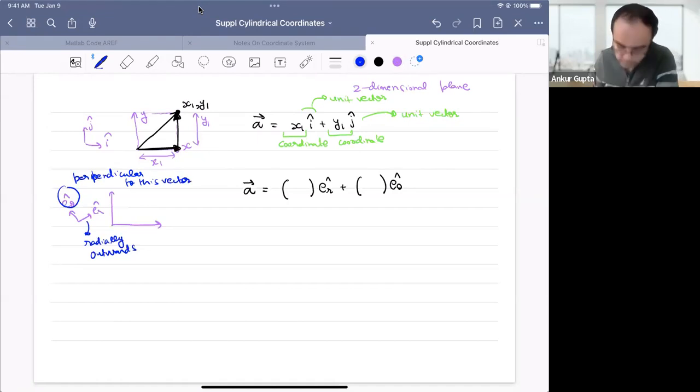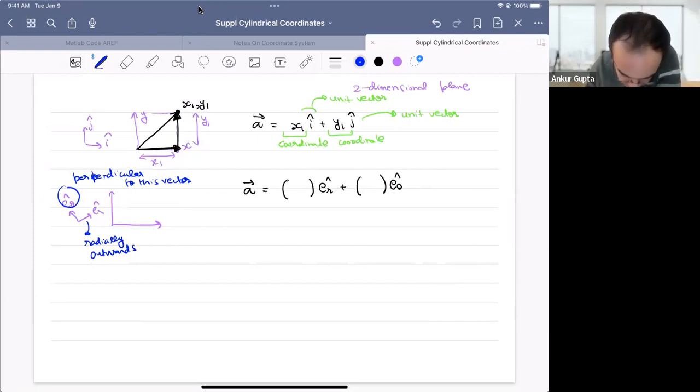That is the unit vector part. However, unit vectors are not the only part of this. I also need to understand the coordinates. So x1 and y1 are coordinates, and i and j are unit vectors, while e_r hat and e_theta hat are the unit vectors of the new system.